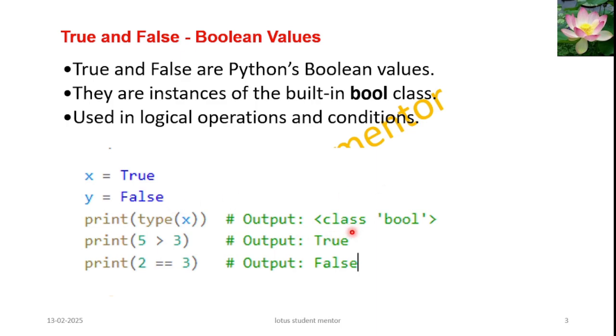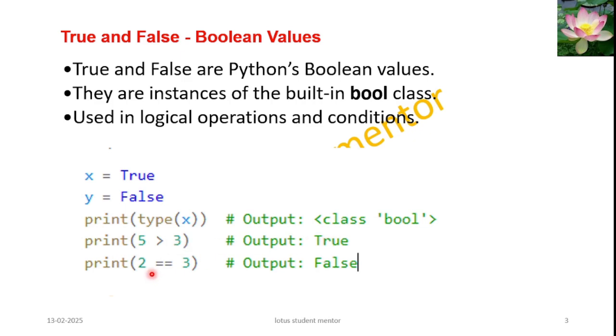That's the output. Suppose we write print 5 is greater than 3. Generally we think that 5 greater than 3 should be printed. No. Here Python decides that 5 is greater than 3, yes, that is True. The output becomes True.